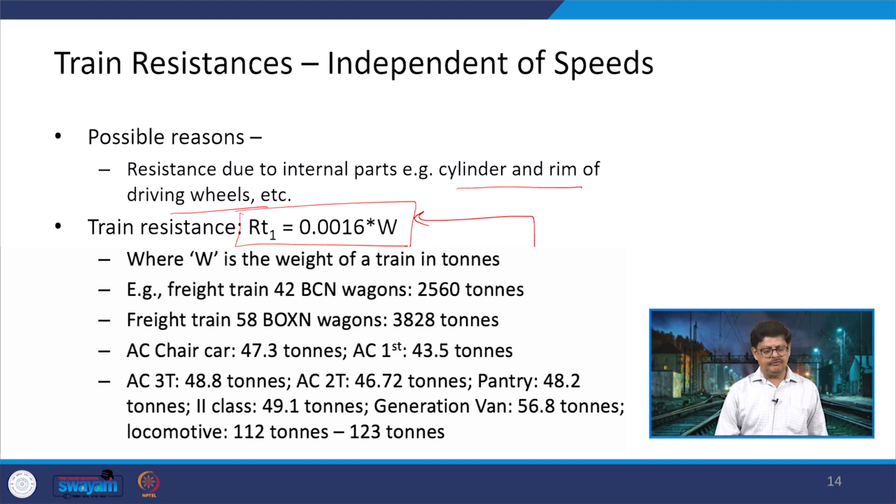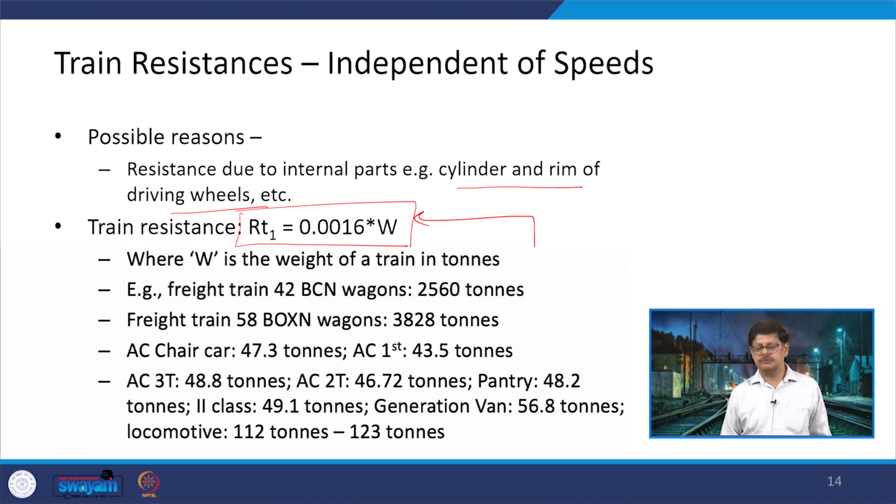Now, just to give an idea, say we are connecting 3 AC coaches, 4 AC coaches, and within the AC coaches also they are different, or we are connecting coaches of second sleeper type and likewise. In the case of an AC chair car, it may have 47.3 tons when loaded. AC first can have 43.5 tons. AC 3 tier can have 48.8 tons. AC 2 tier 46.72 tons.